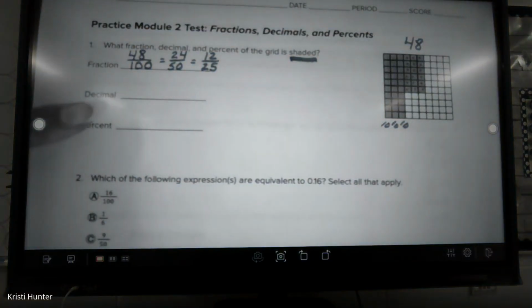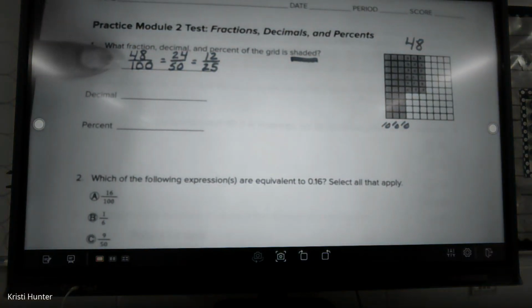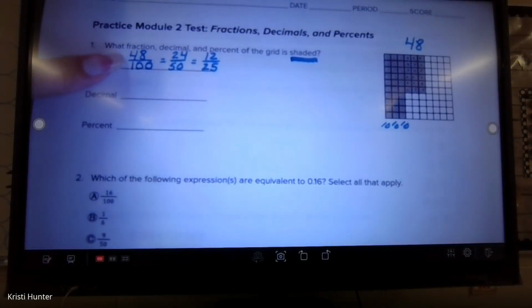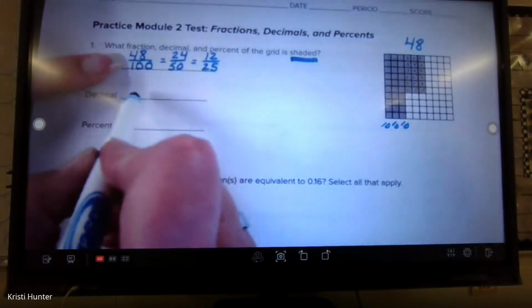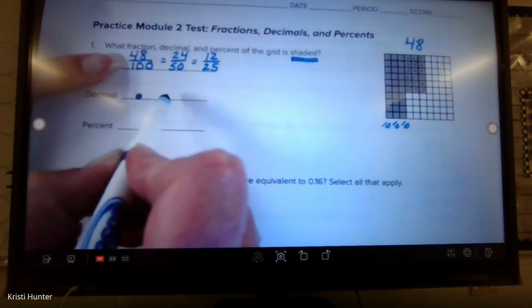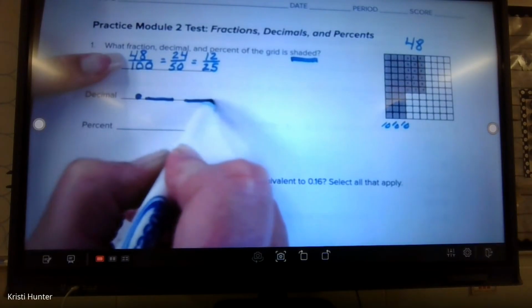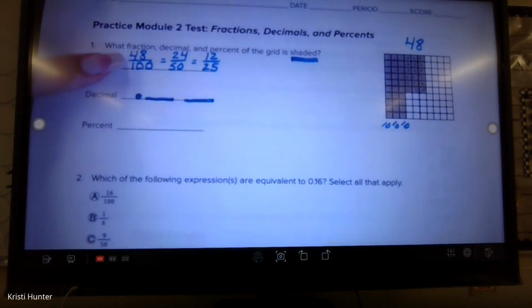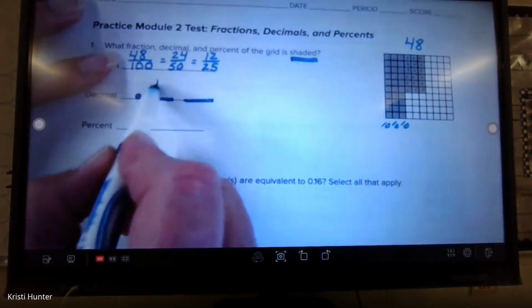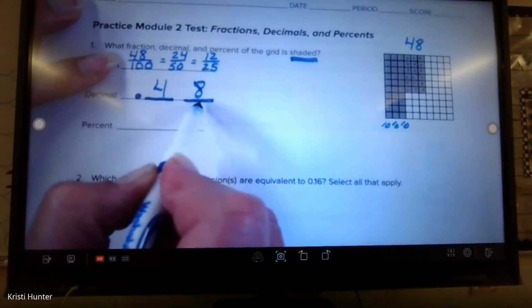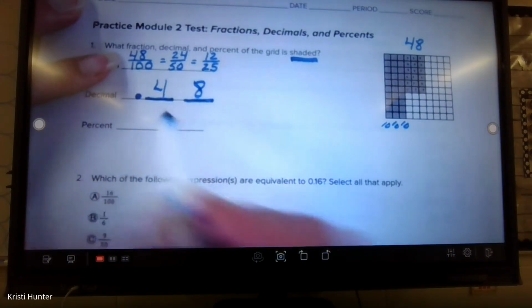Now for a decimal, we look back at the part that says per hundred. Remember, with a decimal, per hundred, hundredths place comes after the decimal. We go tenths, hundredths. So it's 2 places after the decimal, which means my 48 has to end at the hundredths box.